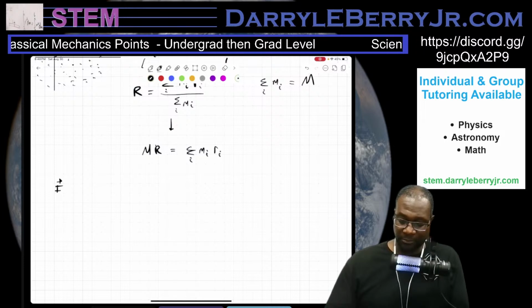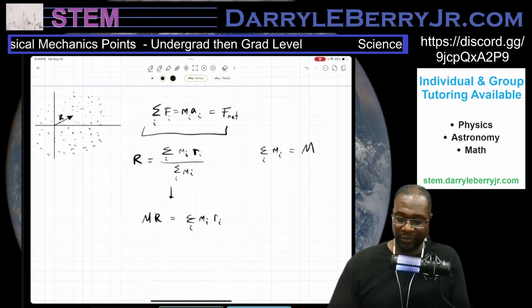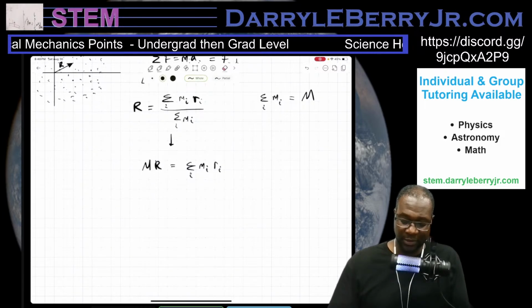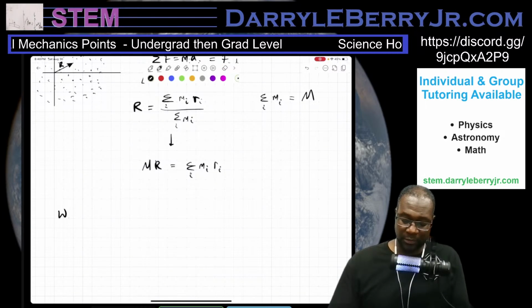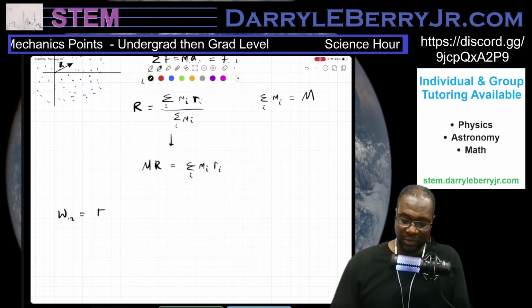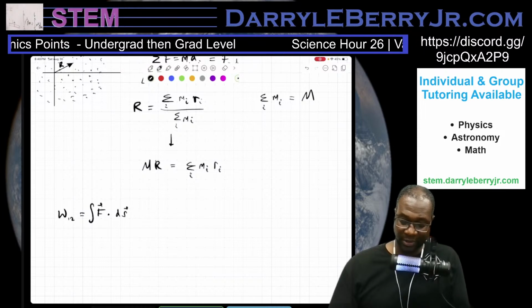We're going to take this scenario and look at it from a perspective of work. Work, in terms of force, is going to be integrating the force applied to an object times the distance that the object is moved.